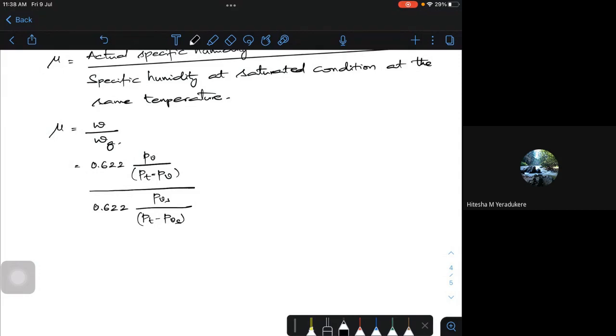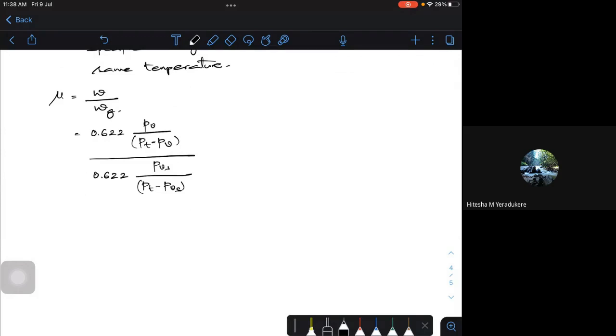Now 0.622 on either side, they simply cancel out, because numerator and denominator simply cancel out.